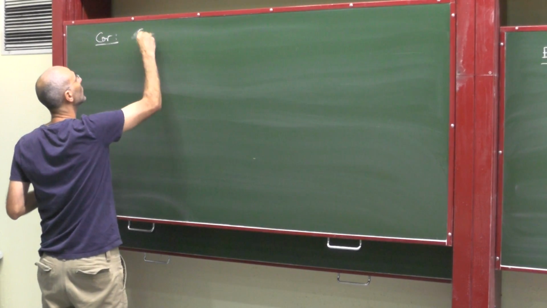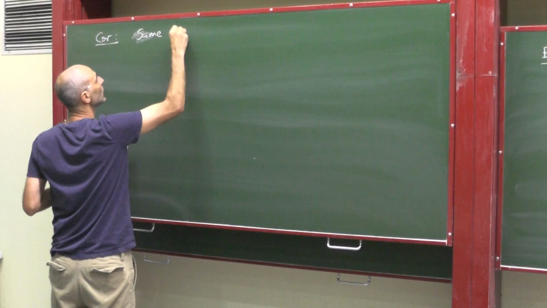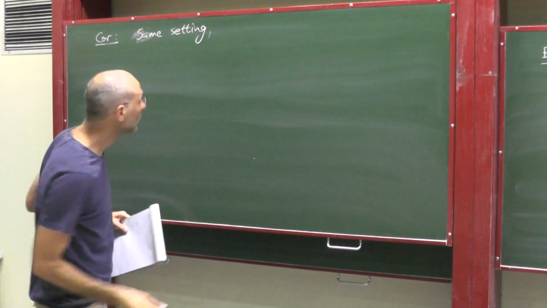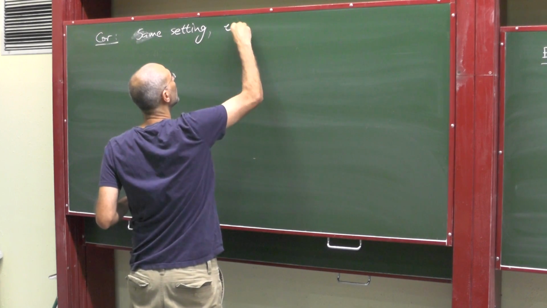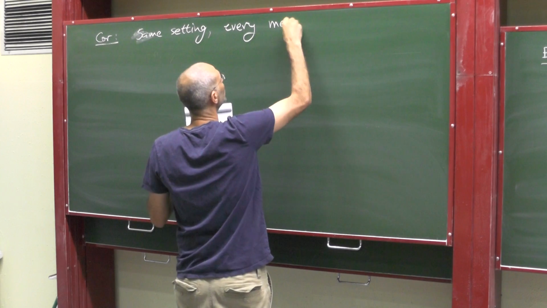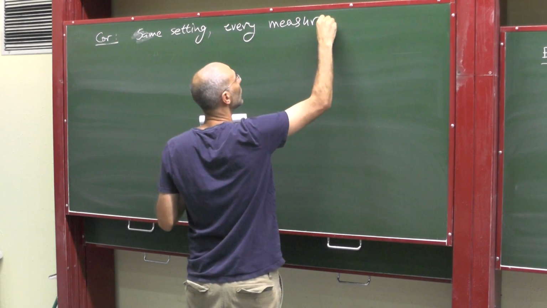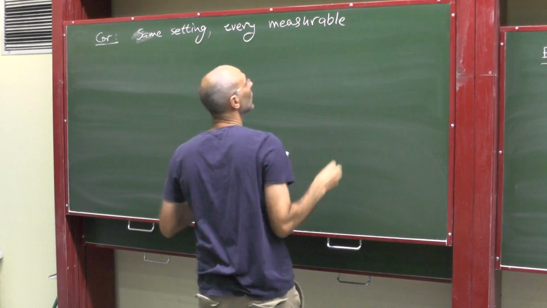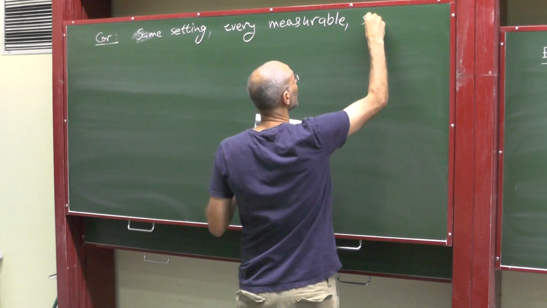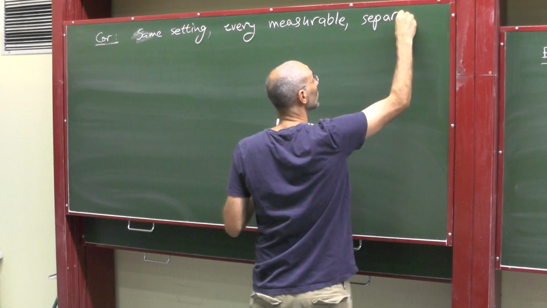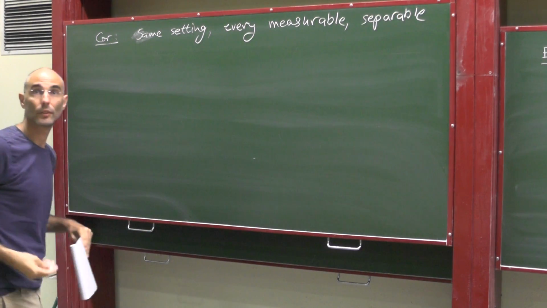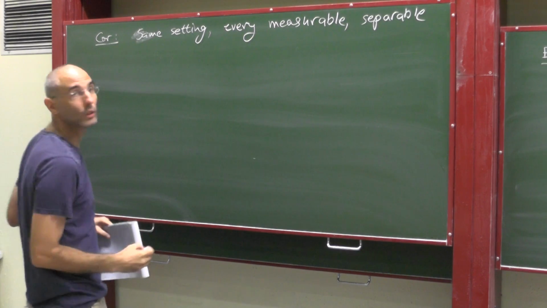So what I'm writing now is: same setting, same G and H. Every measurable, I mean Borel, separable metric, so I want the metric to give a separable topology.